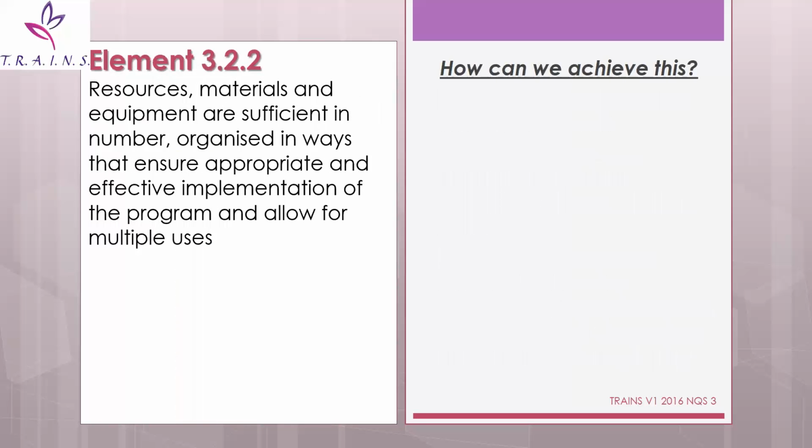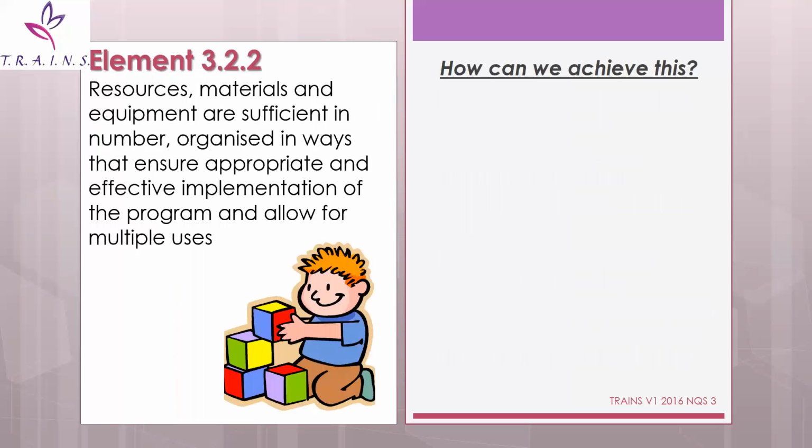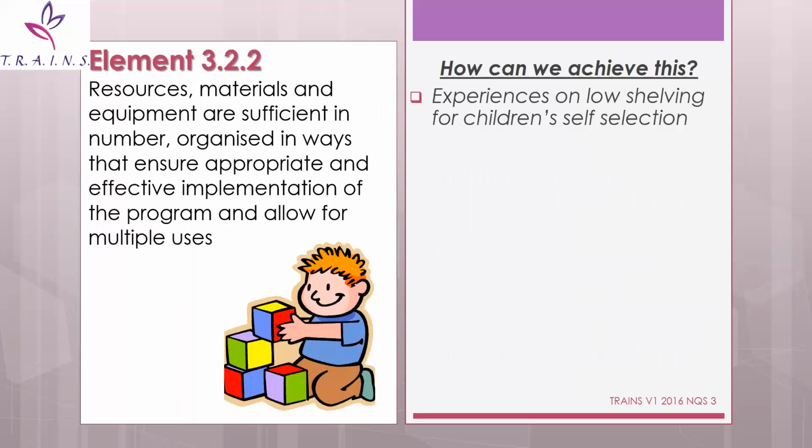So element 3.2.2, resources, materials and equipment are sufficient in number, organised in ways that ensure appropriate and effective implementation of the program and allow for multiple uses. How can we achieve this? To have experiences on low shelving.